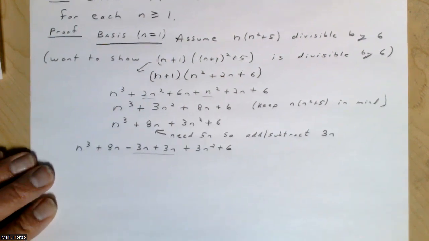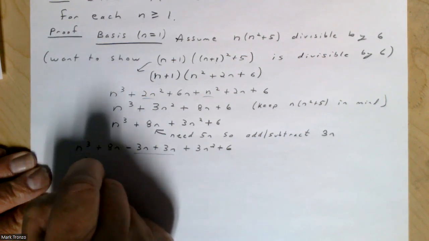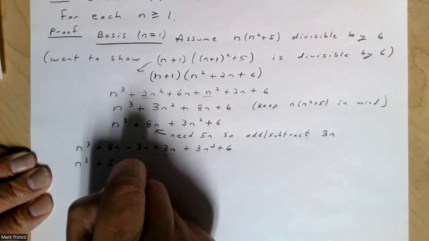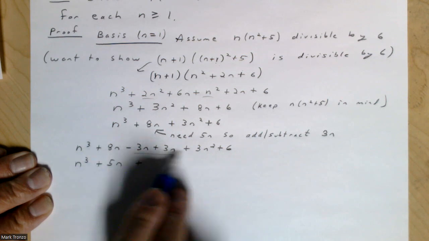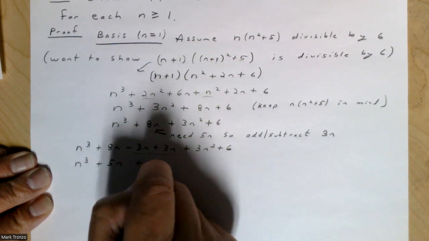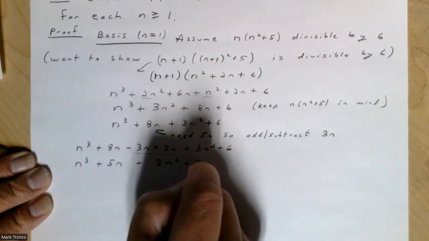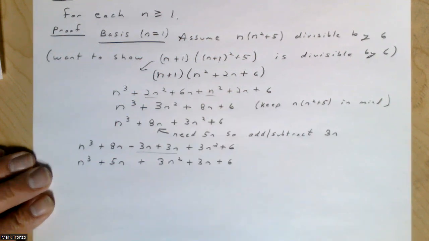Like this. So now over here, then we're going to have 5n. And then over here, again, I put those together. Let me rearrange this a little bit. 3n squared plus 3n plus 6.